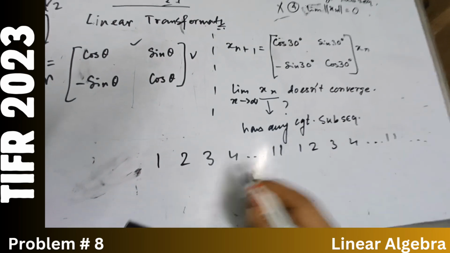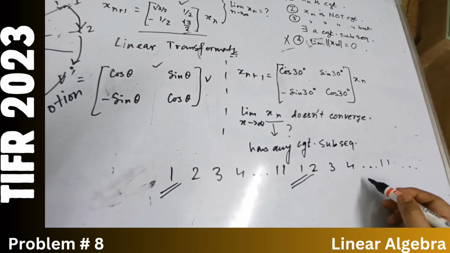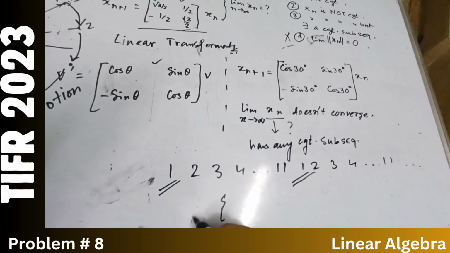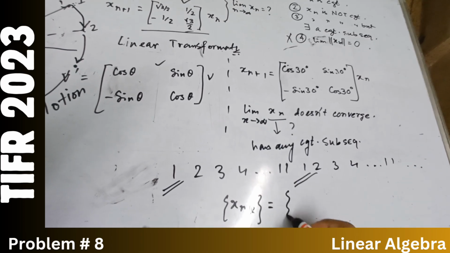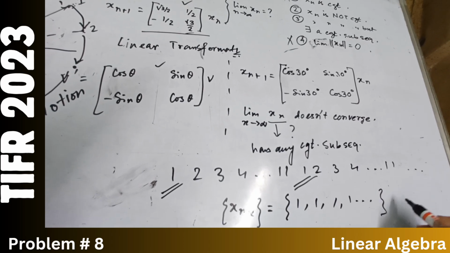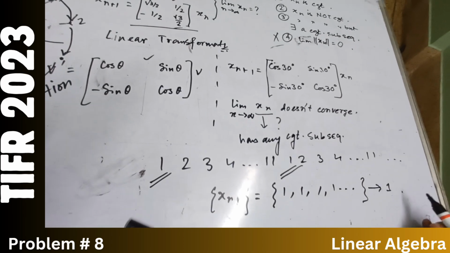From that we are obviously getting a constant sequence out of it. If I take all the ones, suppose there is a subsequence x_nk such that 1, 1, 1, 1, dot dot dot, this is obviously converging to 1.